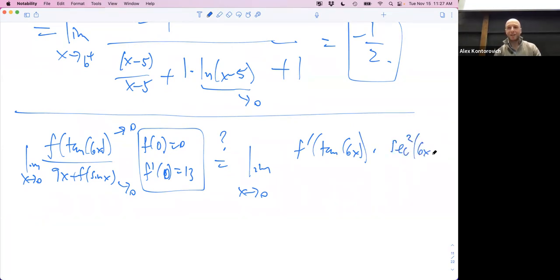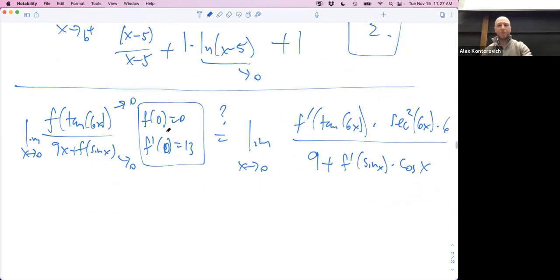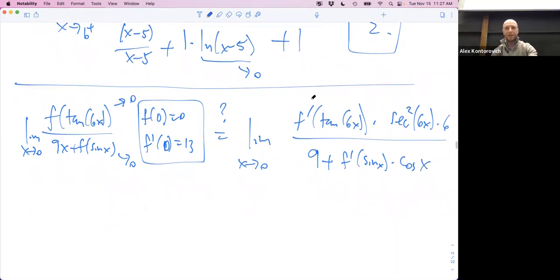Secant squared of 6x, chain rule, times 6, good. Denominator, derivative of 9x is 9. Derivative of f is f prime of sine of x. Derivative of sine is cosine. Okay, I know that f prime of 0 is 13, so this is getting closer and closer to 13.